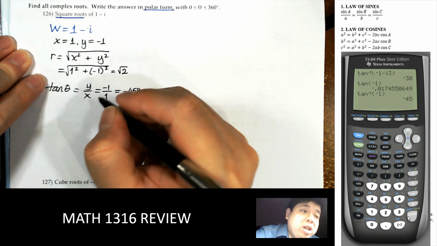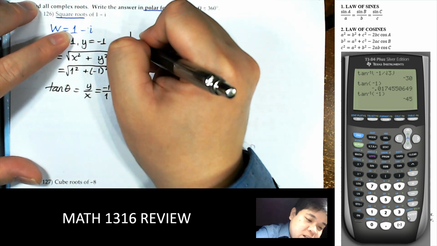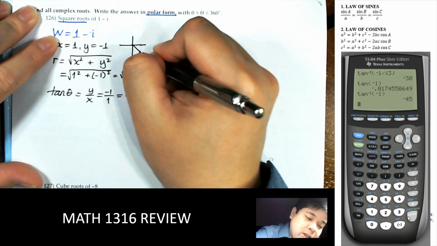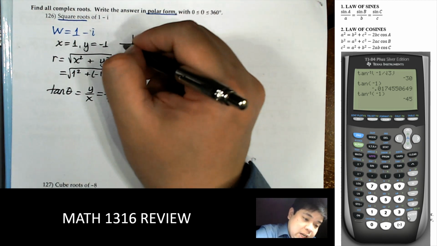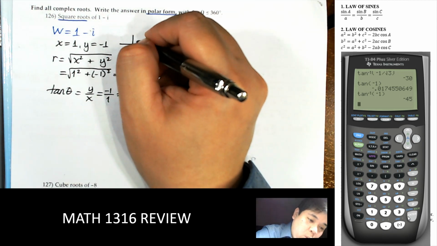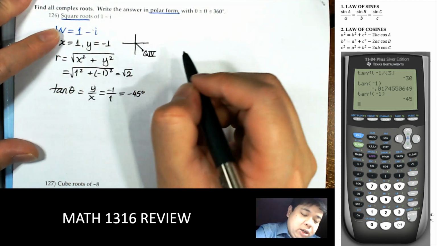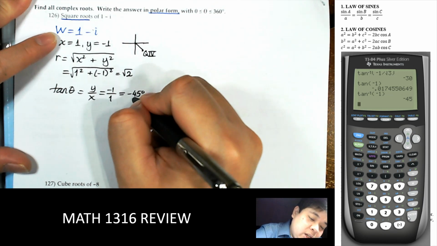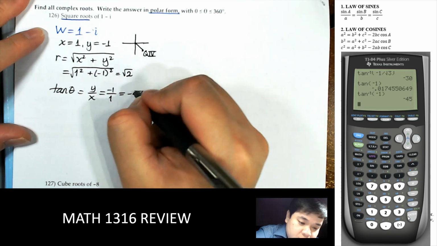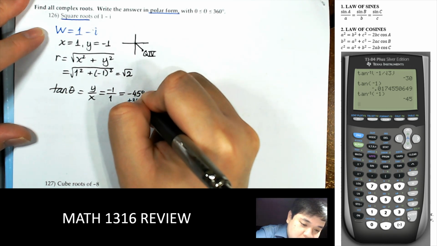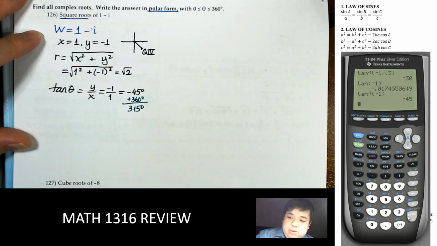We always have to check though. 1 and negative 1 is in the fourth quadrant, so it is good. If it is in the second quadrant, we have to add 180 or pi to it, but we don't. It's in the correct quadrant. The answer is still not between 0 and 360, so let's add 360 to it to have 315 degrees, a coterminal angle.